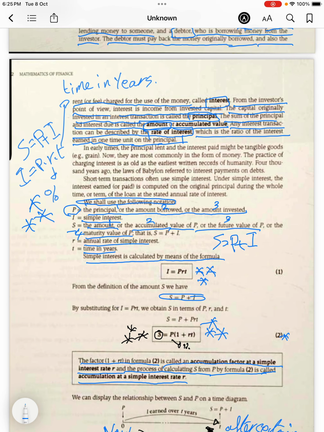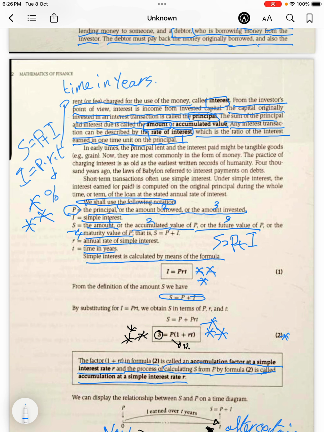We shall use the following notation: P equals the principal, the amount borrowed or the amount invested. So P has 3 names: the amount borrowed, the amount invested, and the principal.